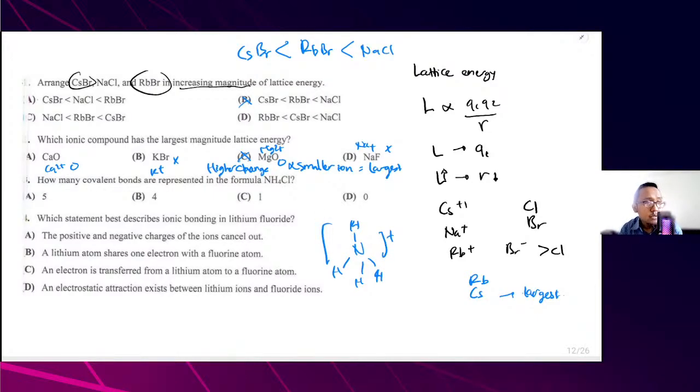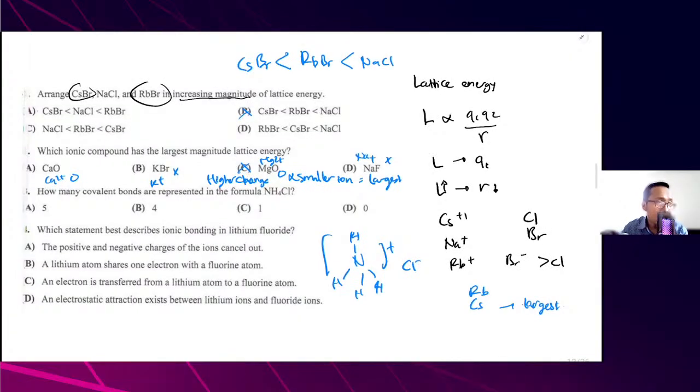Each N-H is a covalent bond, right? The Cl minus is an ion itself, held by ionic attraction, not by a covalent bond. So the bonding between NH4 and Cl minus is ionic, not covalent. So how many is it? 1, 2, 3, 4. So the answer will be B.